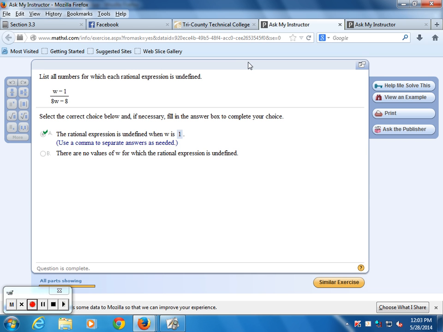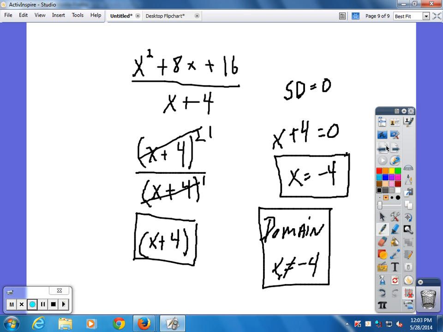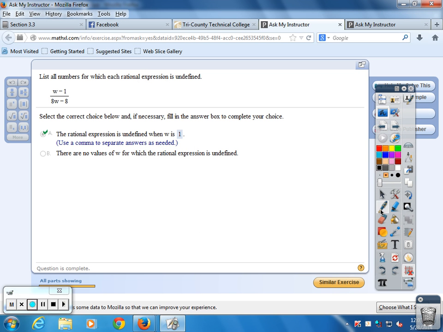All right, let's do this one. They want you to reduce W minus 1 over 8W minus 8. Now, there's only one thing you can do, and that's factor out a common term.